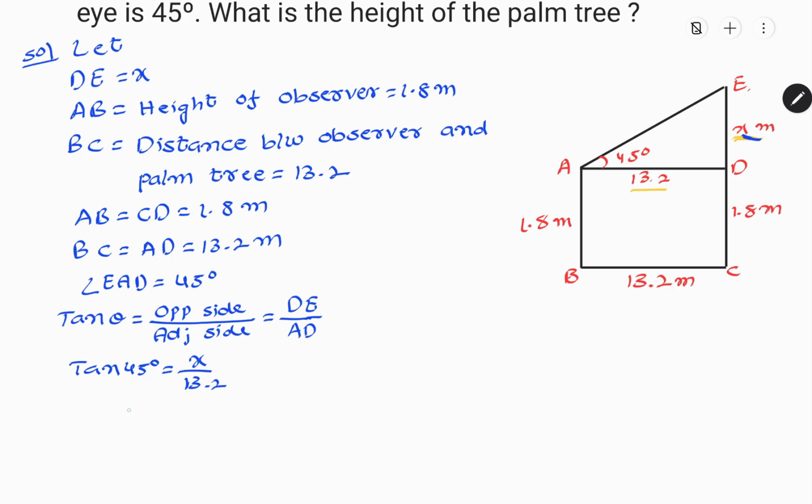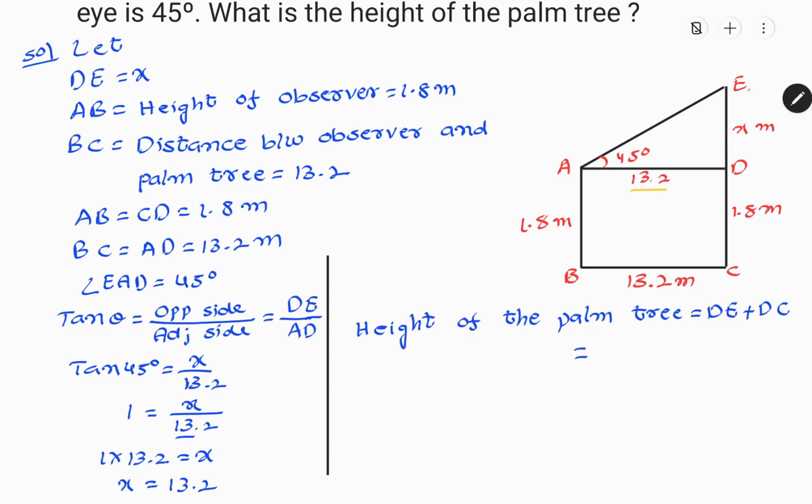Tan 45 value is 1. Here x is equal to 13.2. This 13.2 transpose from RHS to LHS. Then it will be multiply 1. Here 1 into 13.2 is equal to x. X is equal to 13.2 into 1, 13.2.